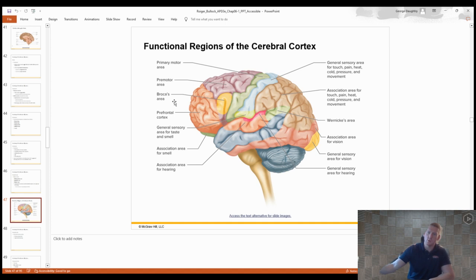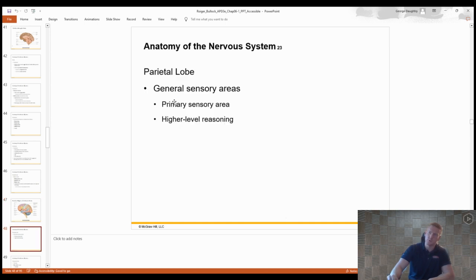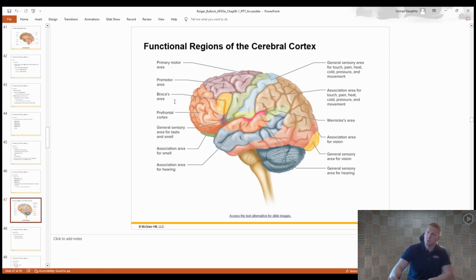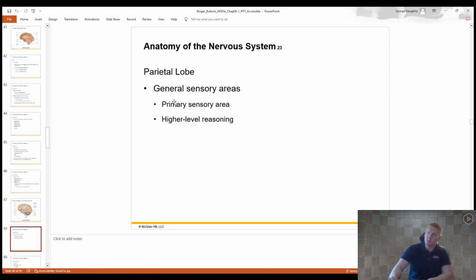Another thing that I want you to appreciate is this is where we get a lot of our senses from. Smell, taste, vision, touch, etc. All of that goes through the cerebral cortex. Okay. Parietal lobe. This is where we get some of our higher level reasoning and our discernment. Like I said, we're at the very top of the brain.